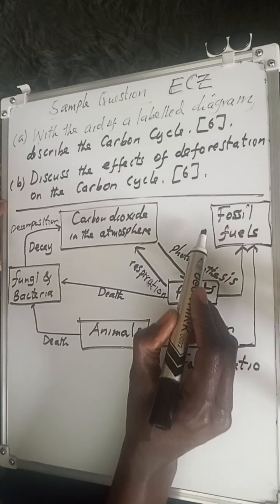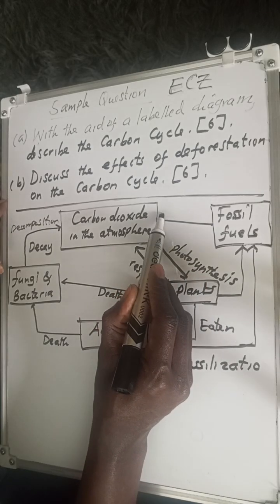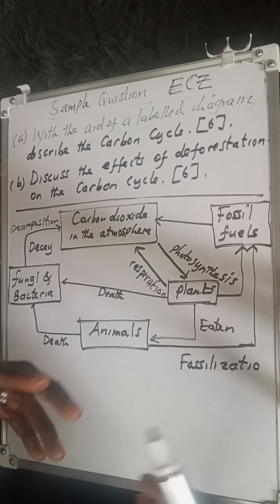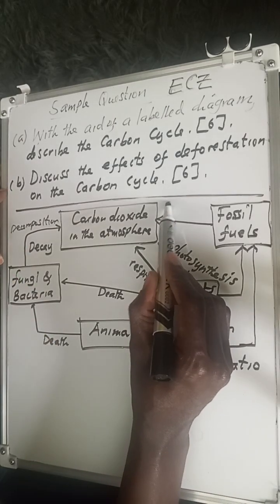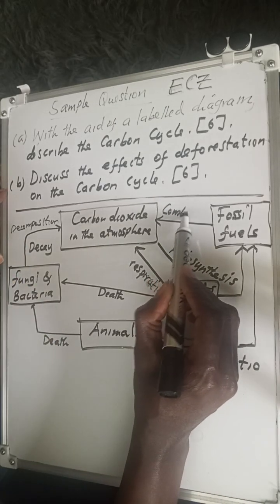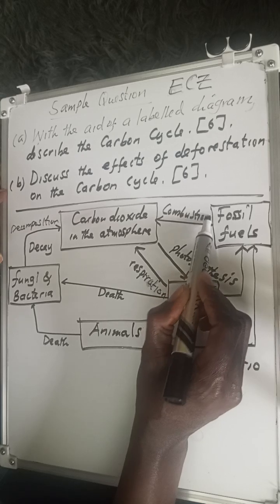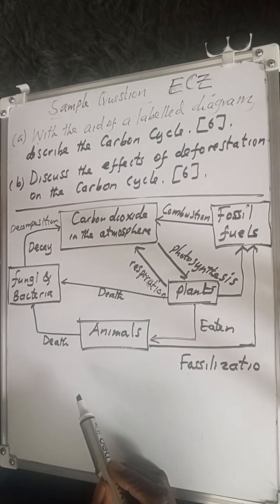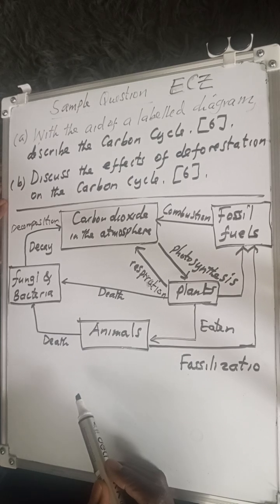But remember, these fossil fuels, once we extract them as humans, we are capable of using them, for example, in machines, and therefore the process called combustion will take place, and that combustion will help to return the carbon dioxide back into the atmosphere.